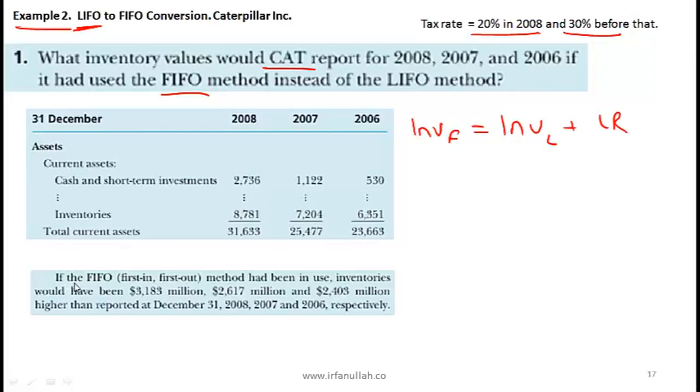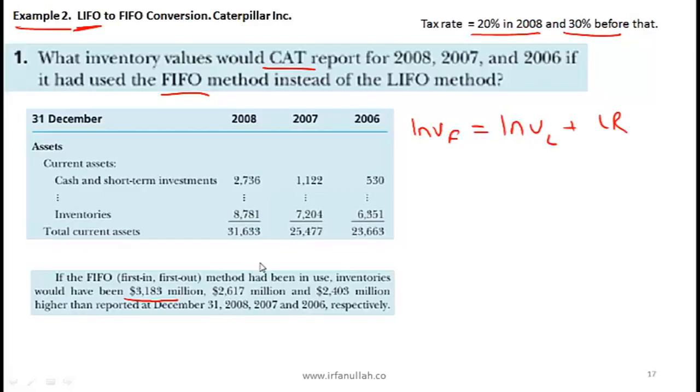When you look at the footnote, that's 2 pages of footnotes on inventory. In those 2 pages, one of the pieces of information will be, if FIFO method had been used, inventory would have been 3183 and 2617 and 2403 million higher at 31st December respectively.